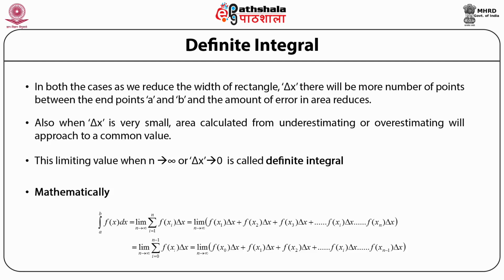Then it becomes the limit as n tends to infinity of f of x1 into delta x, f of x2 into delta x, f of x3 into delta x, up to f of xn into delta x. That can also be written from i equal to 0, as f of x0 to f of x(n minus 1) delta x.